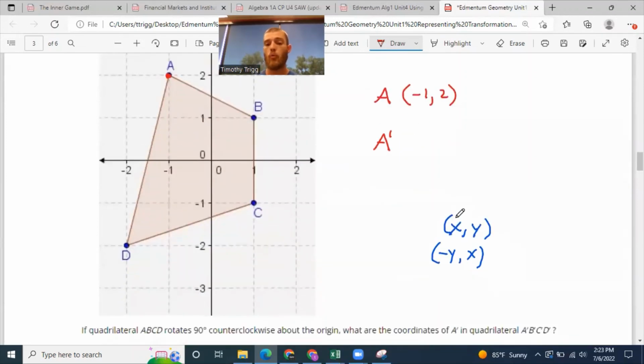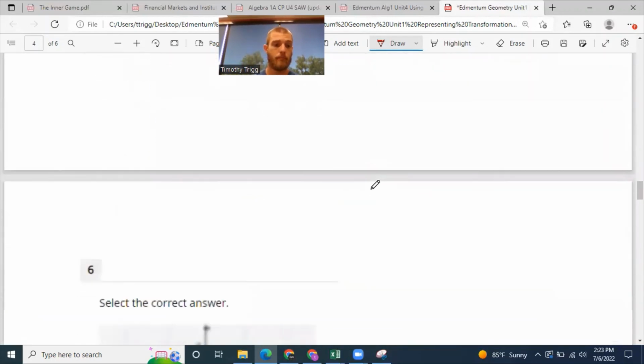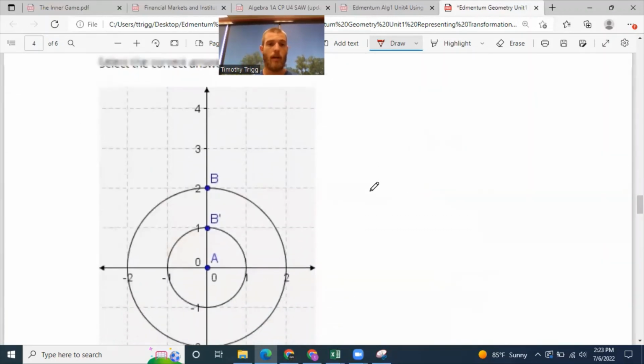Well, if you remember this rule that if you have an x and y coordinate, when you rotate 90 degrees, you flip their positions and you change the sign of the y. So what would that look like? Well, this goes here, this goes here, and the y coordinate changes sign. So that's going to be -2, -1.